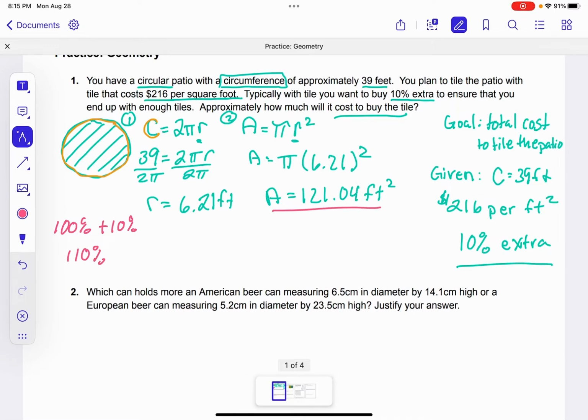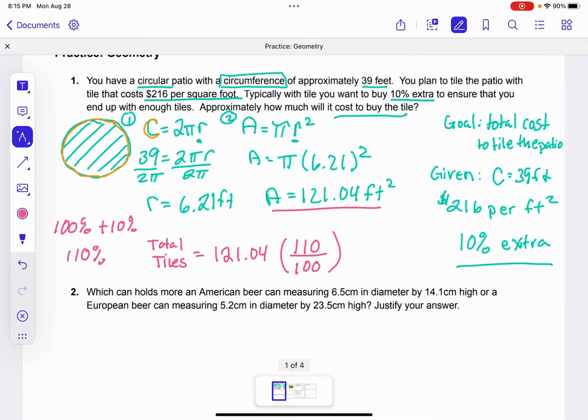So to get 110% of 121, I'm going to call this total tiles. I would take that area I had, and whenever I do percents, it's the percent out of 100. And yes, it's over 100%, and that's okay.